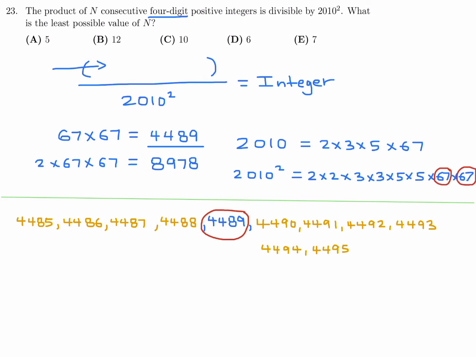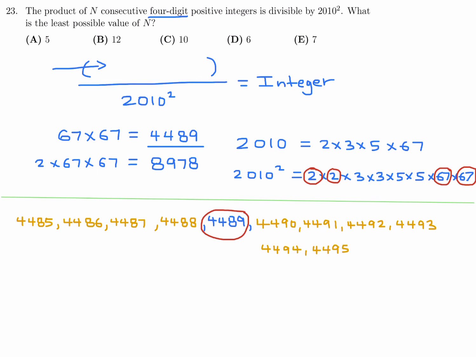Now we can go in either direction. It doesn't really matter. I'll just go this way, and then we'll see what happens. 4488 is obviously divisible by 2, and divisible by 2 once again, so it takes care of two 2s.